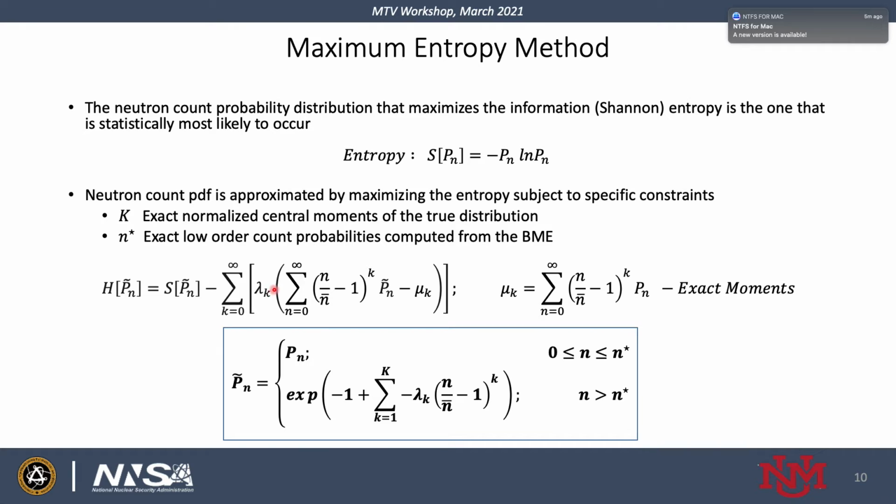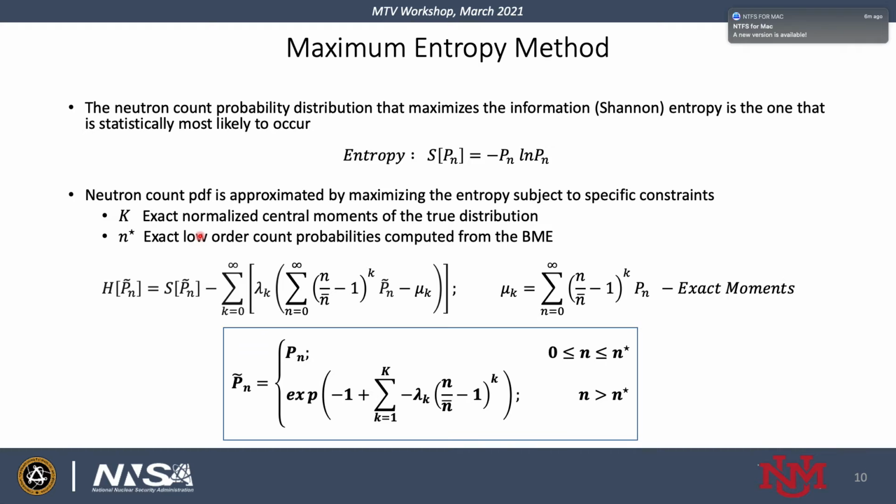In this case, those constraints are the exact moments of the distribution and a number of exact low order count probabilities. Our initial analysis showed that it is more efficient to use normalized central moments as opposed to factorial moments, so that's what we chose here. We started by looking at the moments alone, but we have the same problem we faced with the orthogonal polynomial expansion.